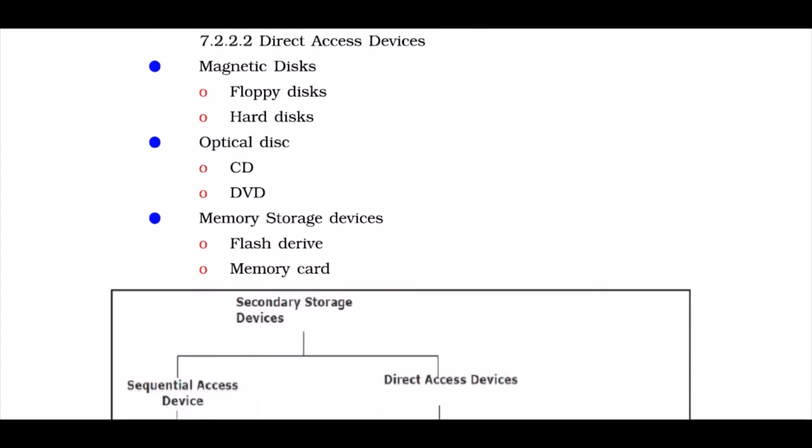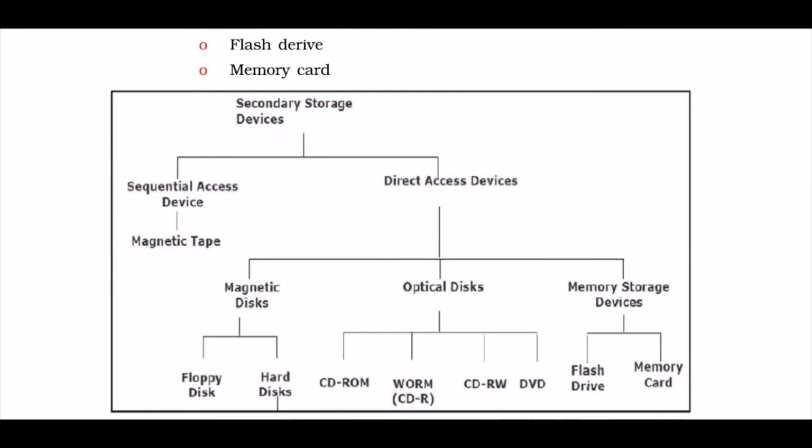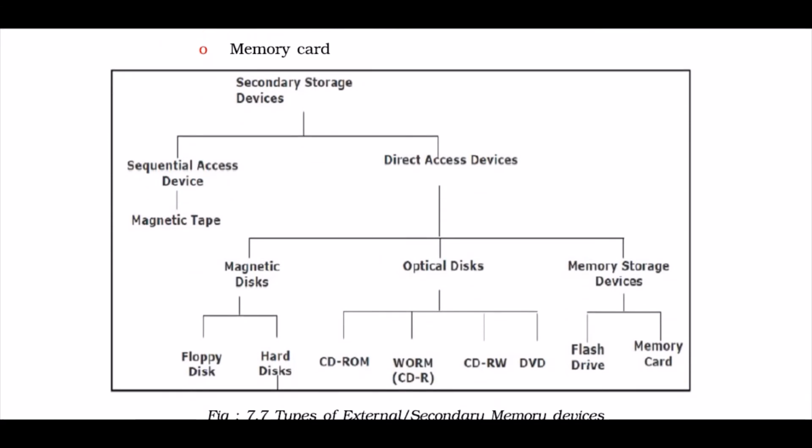Now, this figure shows types of memories. Secondary storage devices are of two types, sequential and direct access. In sequential, there is only one type, magnetic tape, but in direct access devices, there are various types: magnetic disk, optical disk and memory storage devices.